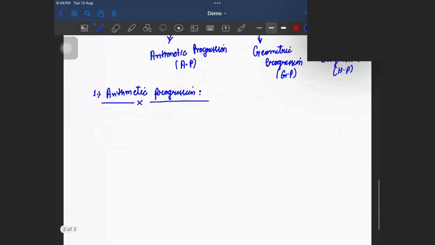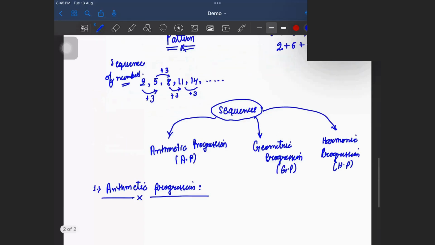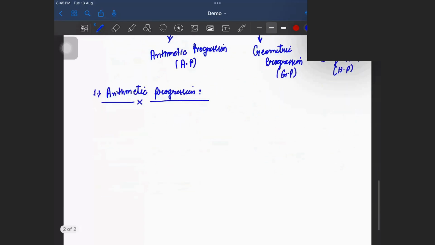Now we'll understand with an example. Suppose the example that we have seen earlier, the numbers 2, 5, 8, 11, 14, 17, and so on, in which there is a common difference between each succeeding and preceding number. Can you see? There is a difference of 3 here, 3 here, 3 here, following the same pattern.